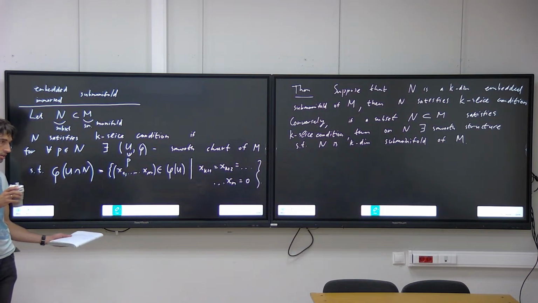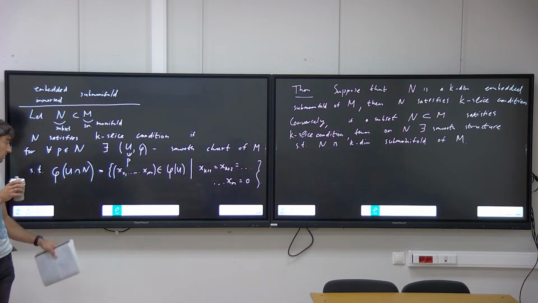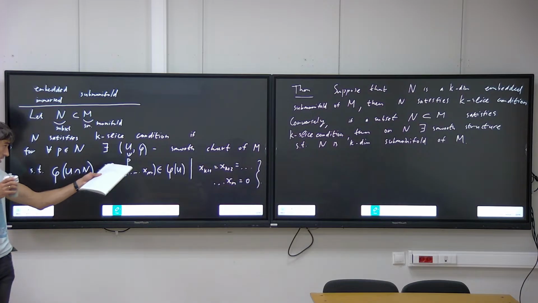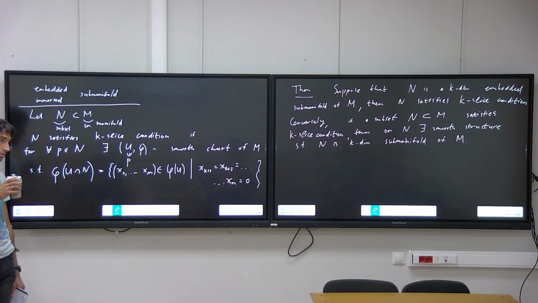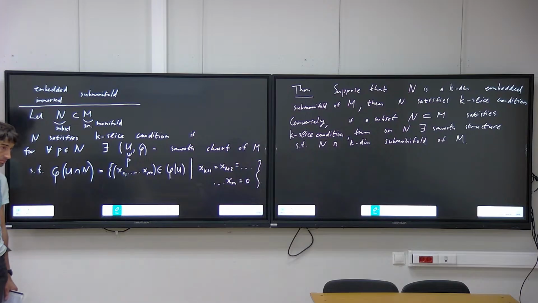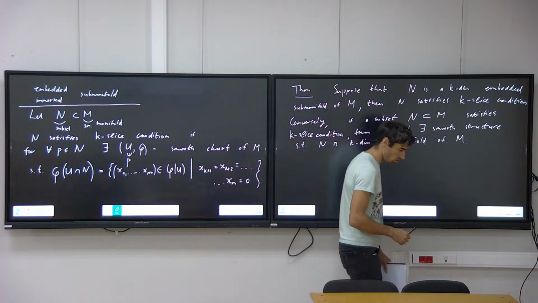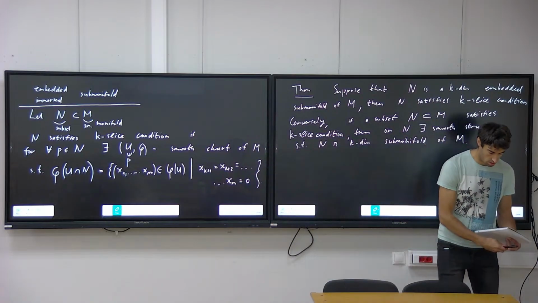And conversely, if you have a subset such that you can find such charts of M, then you can define a smooth structure on N such that it is a submanifold. In one direction it is obvious to me that if we can nullify the remaining coordinates, then we have defined the structure. But otherwise, yes.